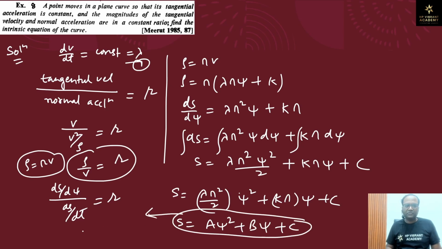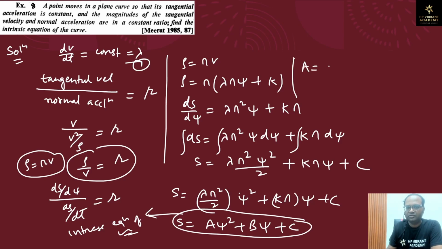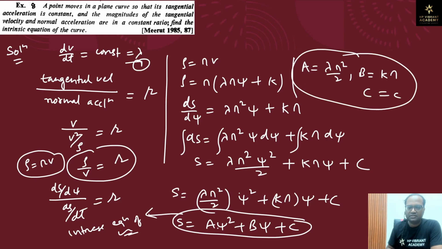This is the intrinsic equation of the curve, where a is equal to lambda mu square upon 2, b is equal to k mu, and c is equal to the constant. So s is equal to a psi square plus b psi plus c is the intrinsic equation of the curve.